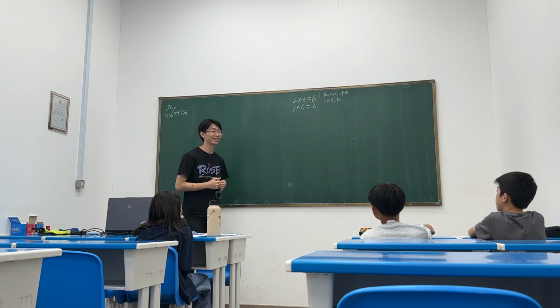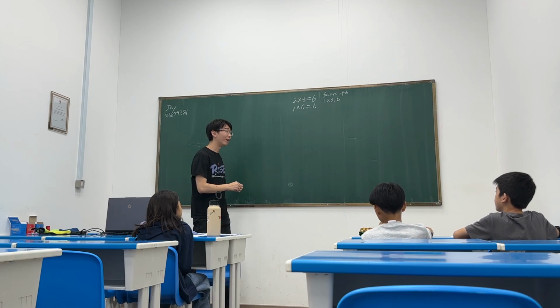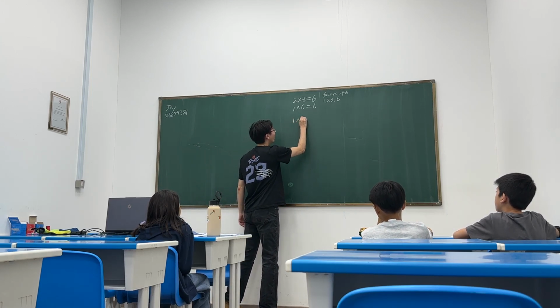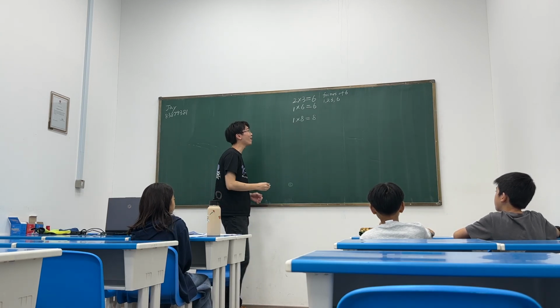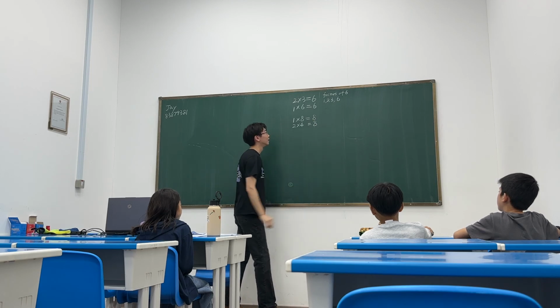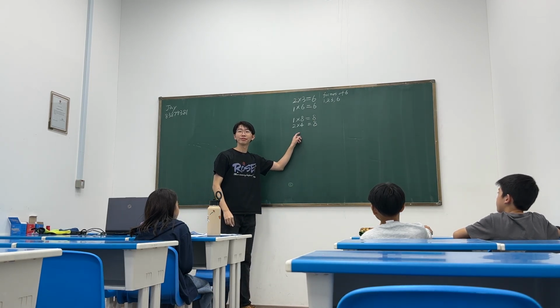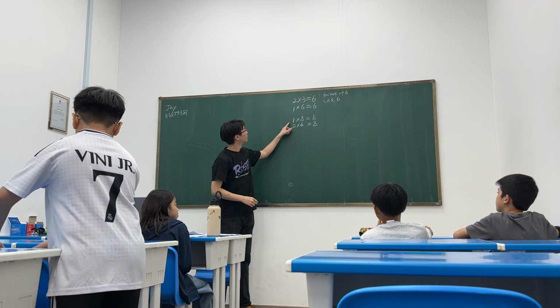Okay, now Jaden, can you tell me how do we find out the factors for number 8? All the factors. 1 times 8, perfect. 1 times 8 gives us 8. And 2 times 4, excellent. 2 times 4 also gives us 8. So, is that all? Okay, that's all, right?